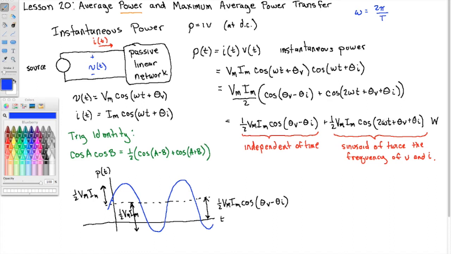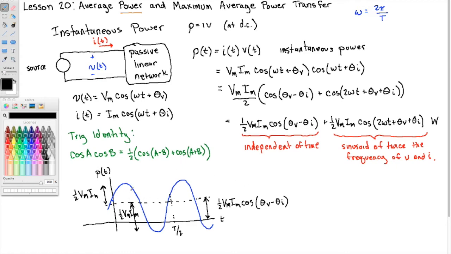So if this sinusoid has twice the frequency, then this thing's period is half T. If you double the frequency, then you halve the period. So where does this thing repeat? That's about right here. So this is T over 2 is where it starts to repeat.